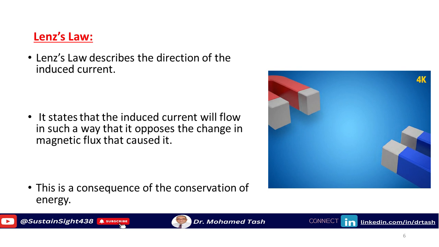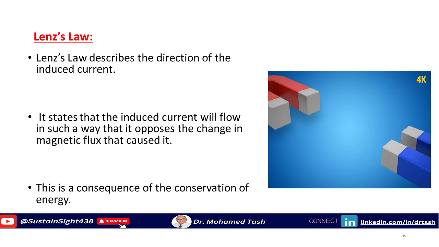Nature doesn't like change. When a changing magnetic field tries to induce a current, the resulting current acts to counteract that change. If the magnetic field is increasing through a loop, the induced current will create a magnetic field pointing in the opposite direction to try and reduce the increase.